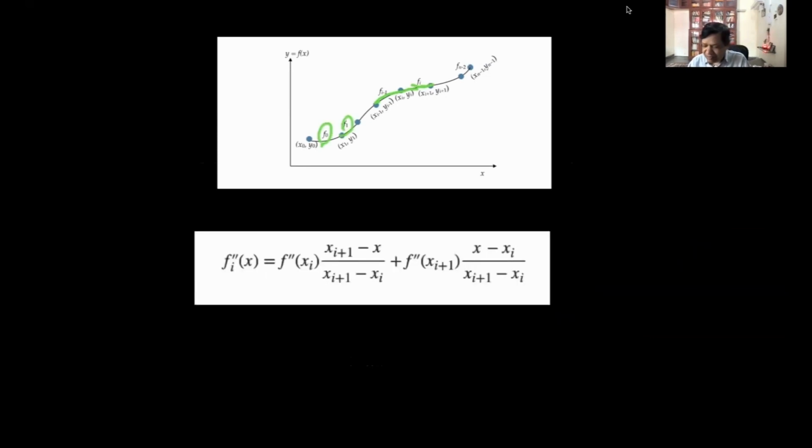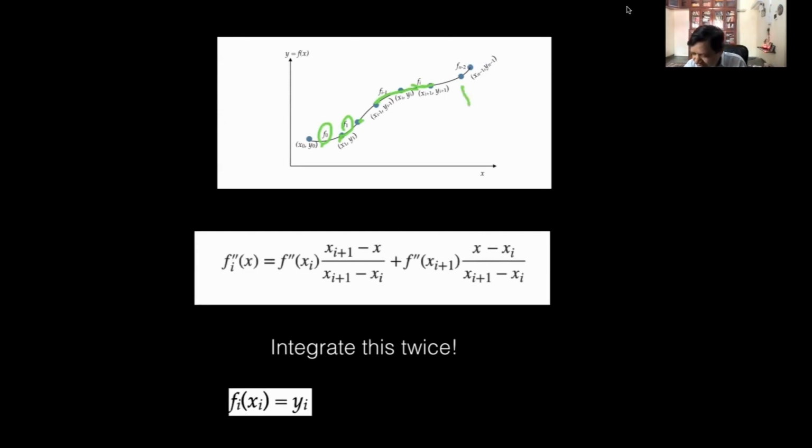You construct piecewise functions f0, f1, which of course we ascertain go through the nodes. By the way, I forgot to tell you that these are nodes. So the f(x) must go through the nodes, and also it's differentiable.